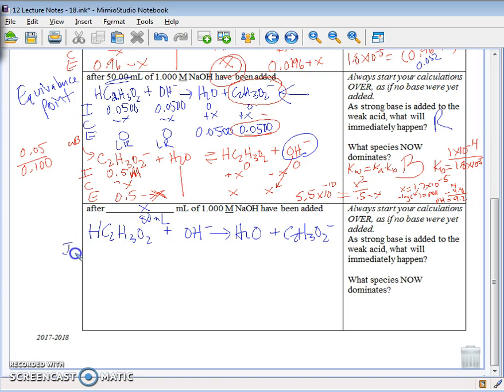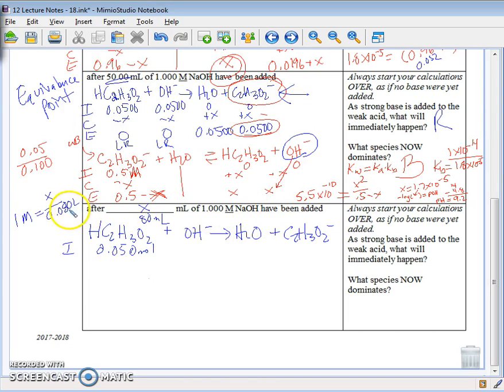Okay, so initially, we still have our 0.050 moles of the acid. Now, your OH minus depends on the amount that you have. So for Jacob, for example, it's 1 molar, and his is at 0.08 liters. Yours is at 0.051, and Olivia's is 0.06.